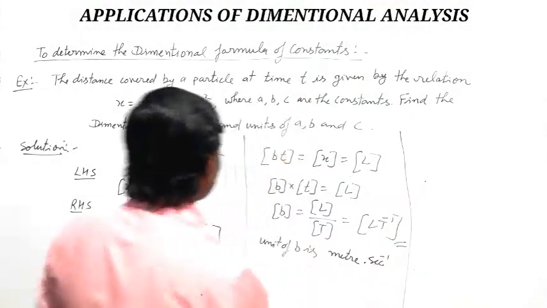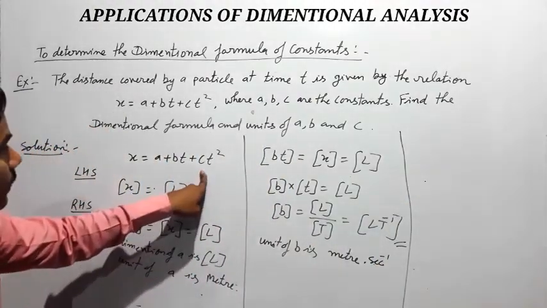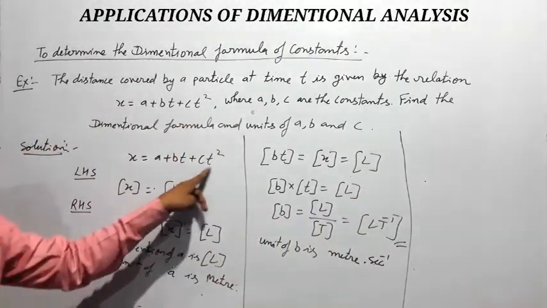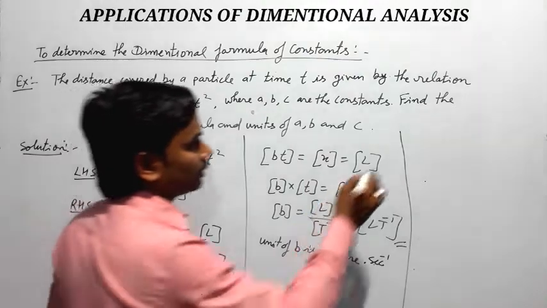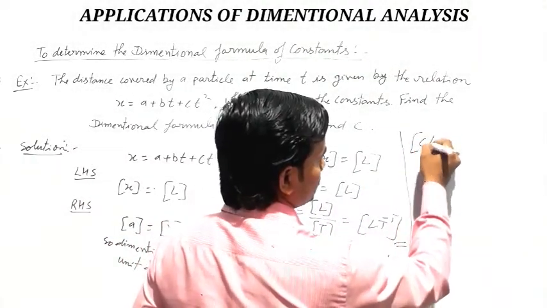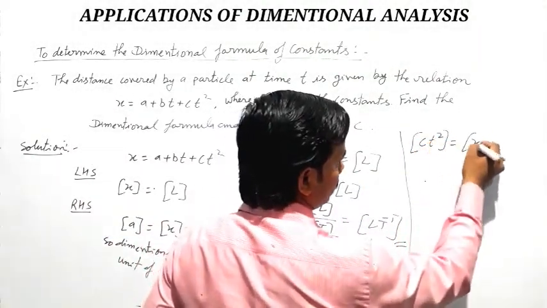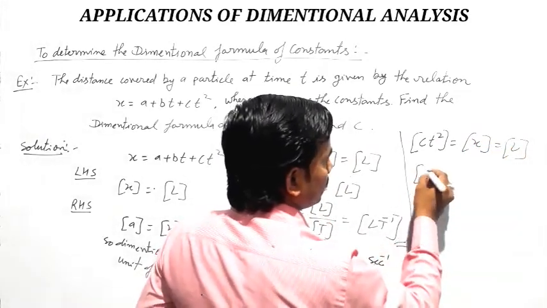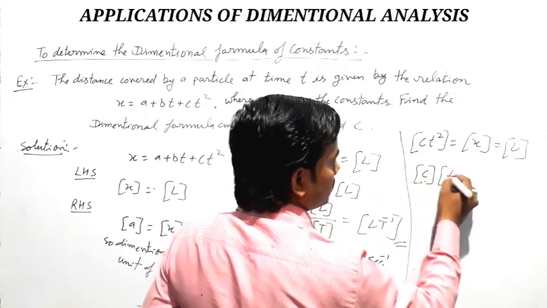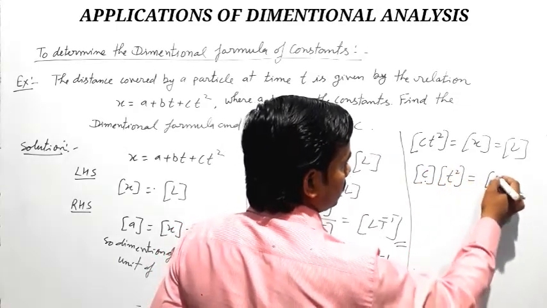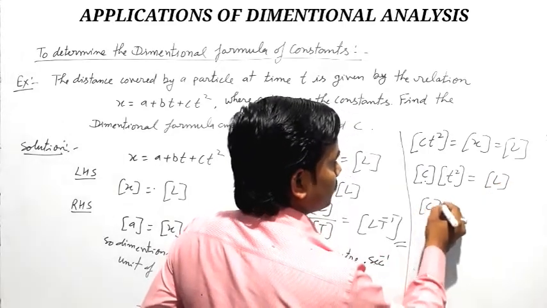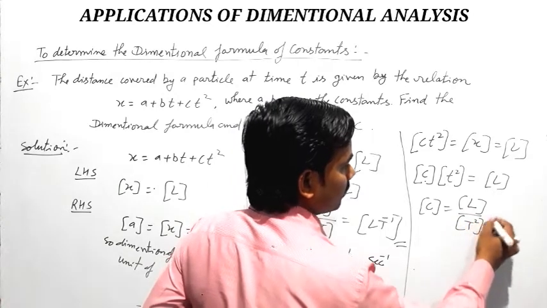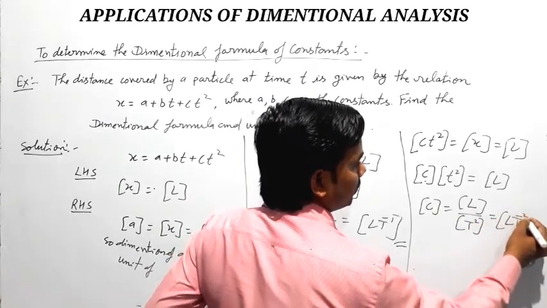Now we have to calculate the dimension of c. The dimension of this term must be equal to the dimension of x. So we write the dimension of ct² equals the dimension of x, and the dimension of x is L. So the dimension of c into the dimension of t² equals L. So the dimension of c equals L divided by T², so this will be LT⁻².